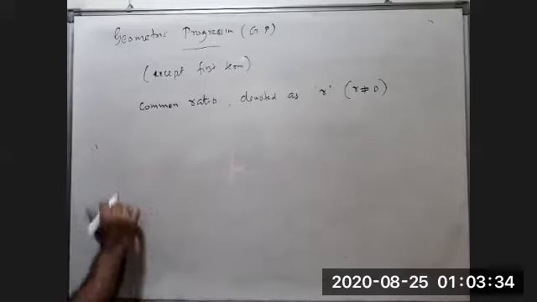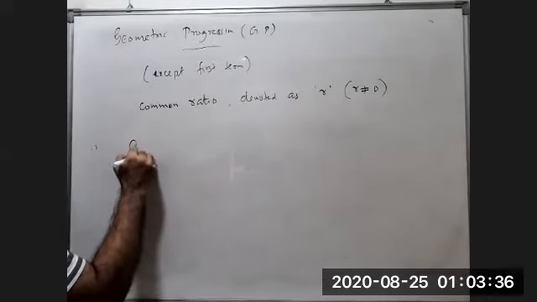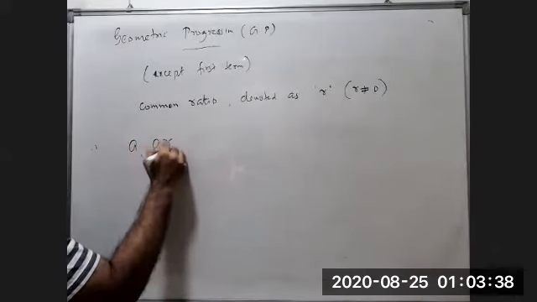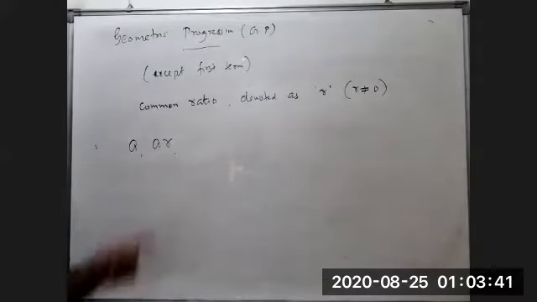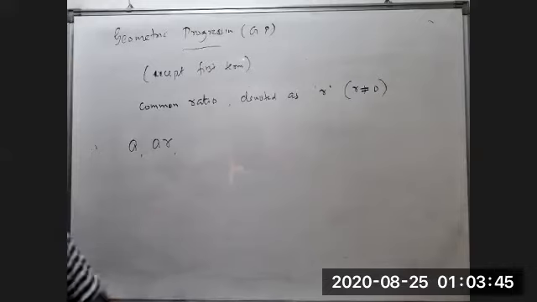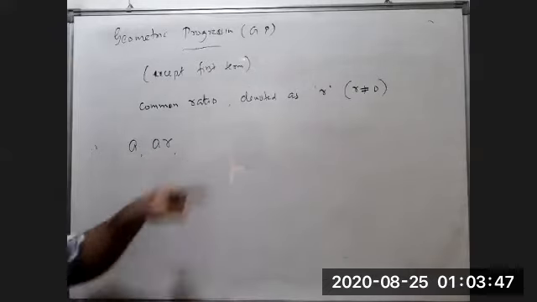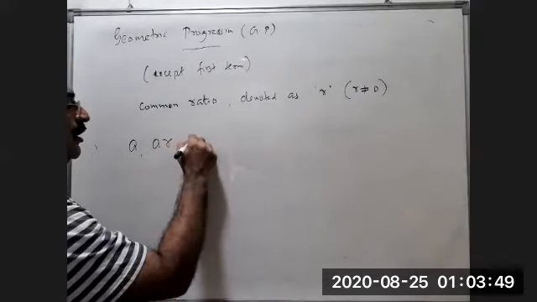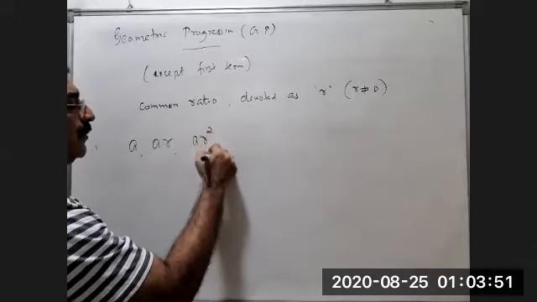Therefore, see, first term A, second term multiplied by R. A multiplied with R will give the second term AR. AR again multiplied with R will give AR square.